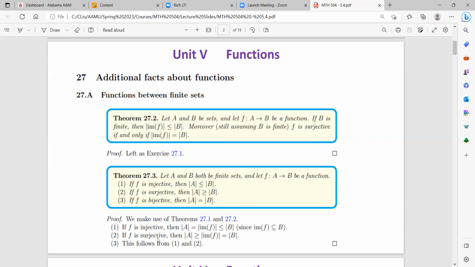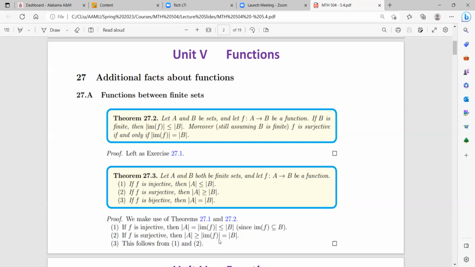And for the second part, if f is surjective, obviously the size of the domain is always greater than or equal to the size of the image. If you think about all the pairs, you can have at most the same number of pairs as the number of elements in set A, right?